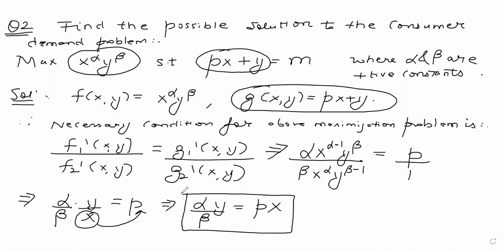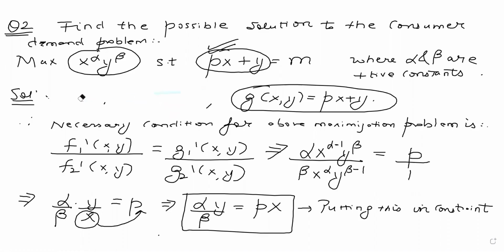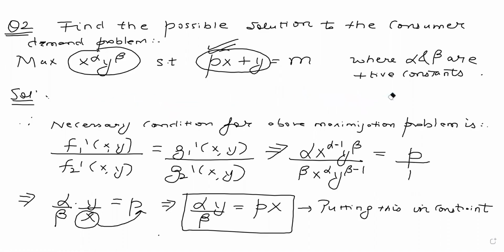Now, putting this in the constraint, let us see what we get. We have px, and px is alpha y by beta. Let me solve this question further on the top.